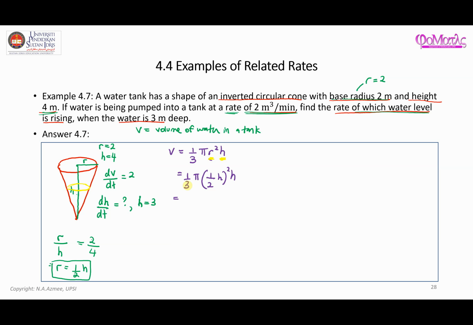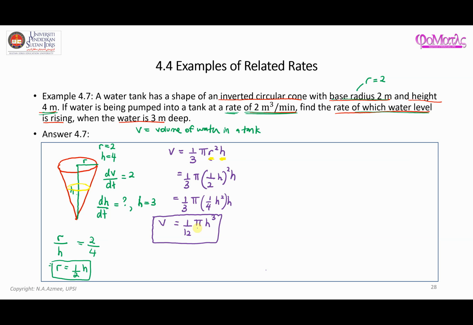So now we can simplify this right hand side, so it will look like 1/3 times pi times 1/4 h squared times h, and you can write it as 1/12 pi h cubed. So this is the equation that we will be using. This is the formula for volume.